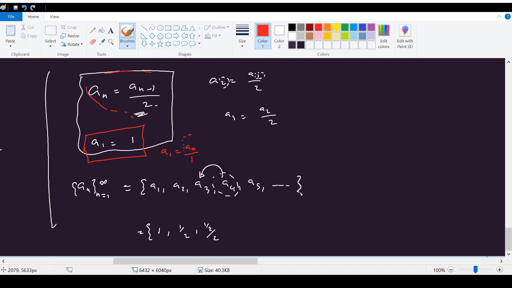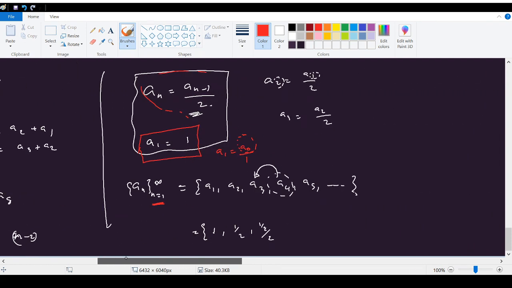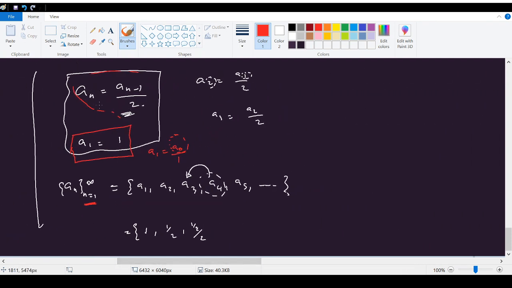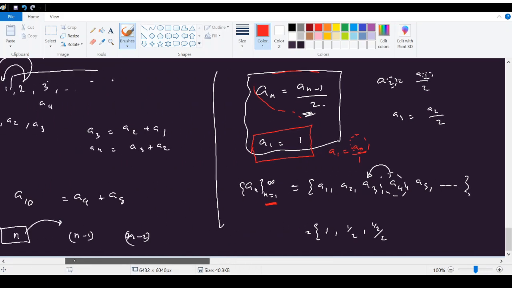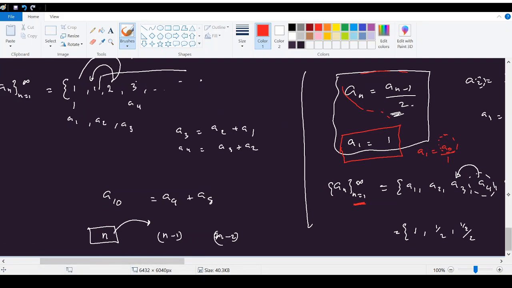Because we don't know the value of a0 in here, and in fact a0 is not even defined in this case, as we are starting at n equals 1, right? Now here in this second example, we only need one number before this one, but in the example I mentioned before, we needed two values to compute this one, right?